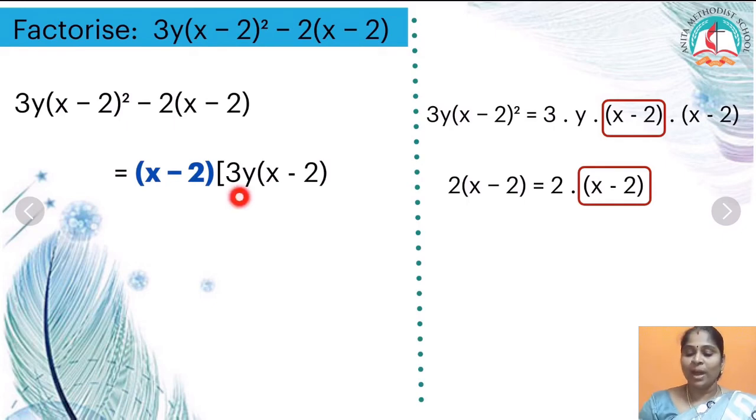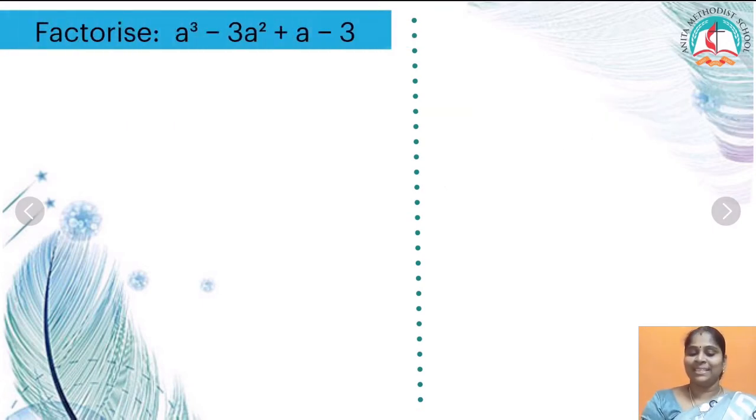So 3y into (x minus 2). What is remaining in the second term? Yes children, it is 2. So what is the factorized form of 3y(x minus 2) whole square minus 2(x minus 2)? (x minus 2) into [3y(x minus 2) minus 2]. One more problem here. Look at this.